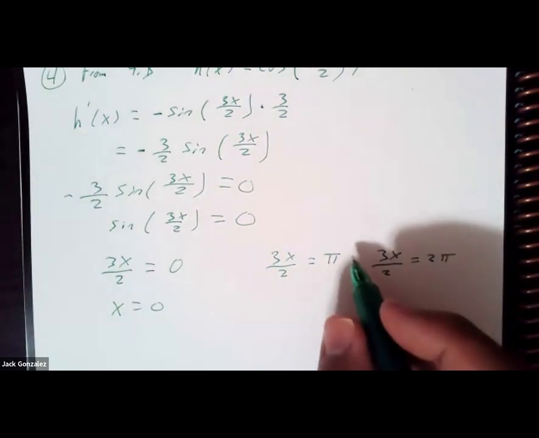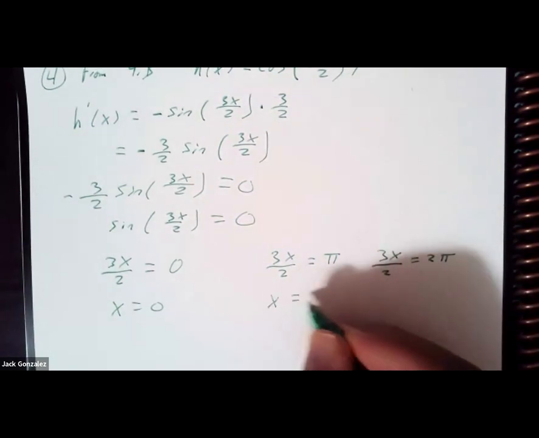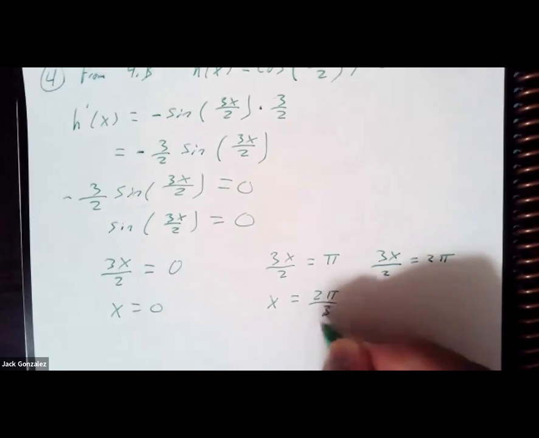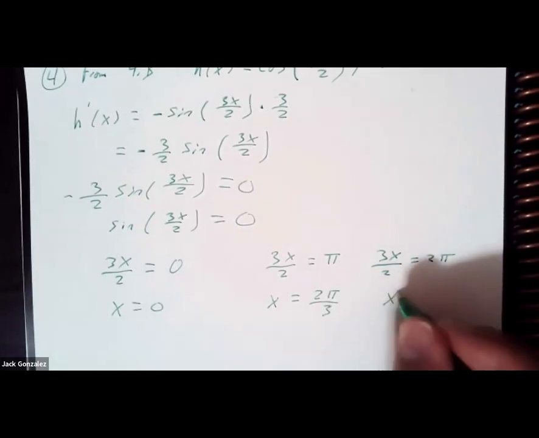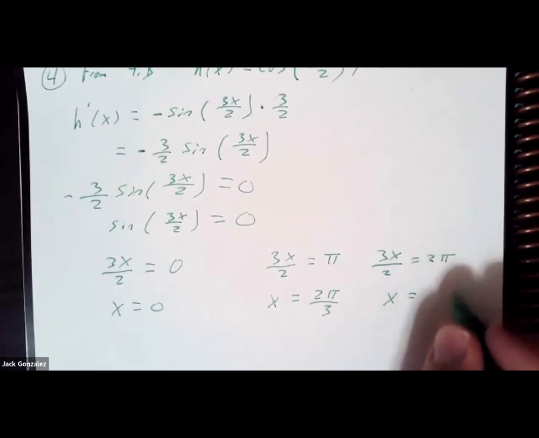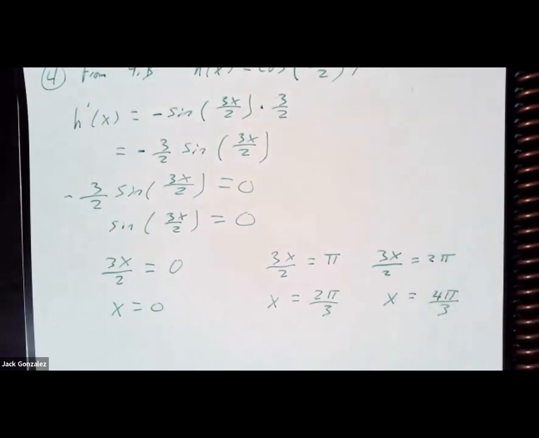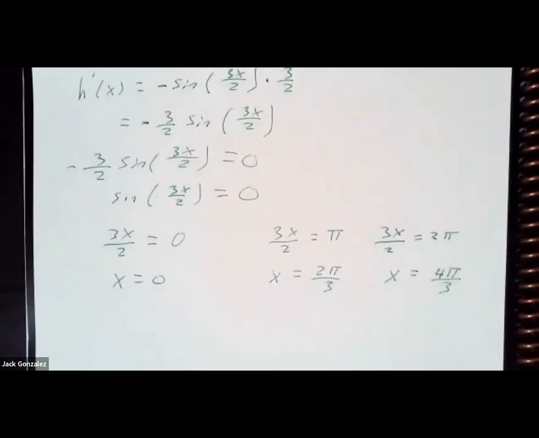Multiply by 2 divided by 3, x would be 2 pi over 3 times 2 divided by 3. This will be 4 pi over 3. Okay. So these are the critical numbers. So we must test around them.